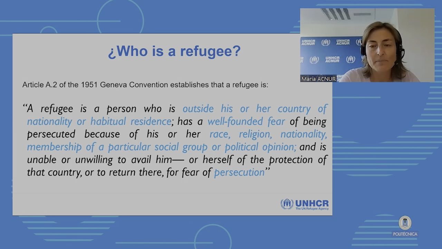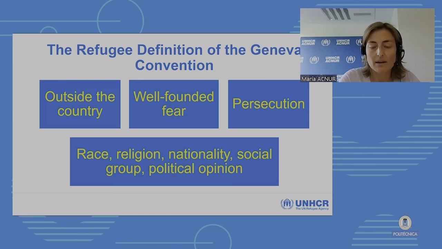That means a group of persons that have a common background or customs or a similar social condition, be it family, a specific profession, or maybe being part of a trade union, or being a journalist. That would be a specific social group that can be targeted in some contexts. And LGBTIQ plus persons are considered there. And also women can at some point be a specific group.